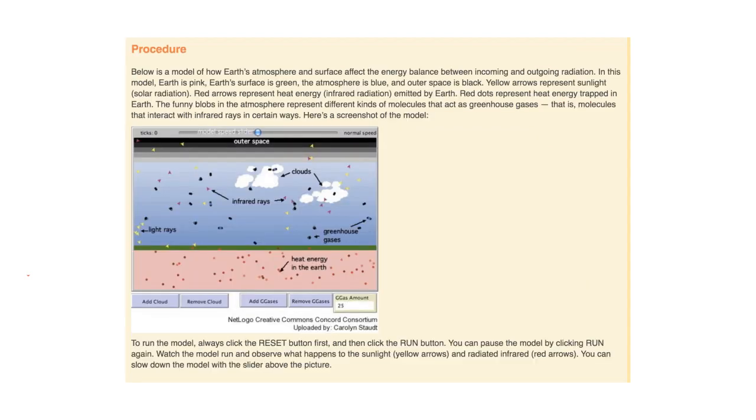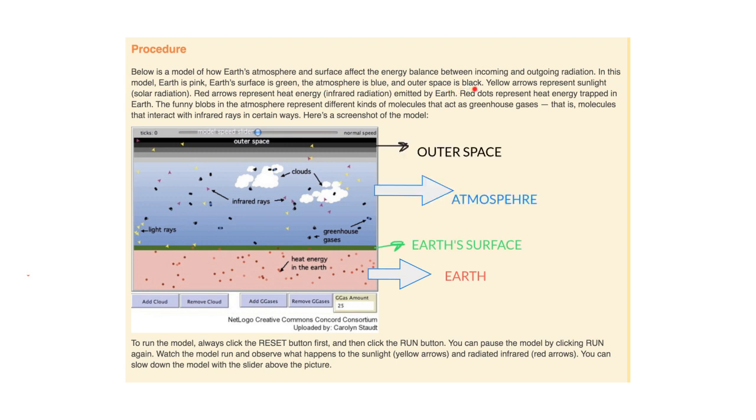Before we start, let's read the procedure together. Below is a model of how Earth's atmosphere and surface affects the energy balance between incoming and outgoing radiation, meaning the light that comes in and whatever goes out. In this model, Earth is pink, Earth's surface is green, the atmosphere is blue, and the outer space is black. The yellow arrows represent sunlight, solar radiation coming in.